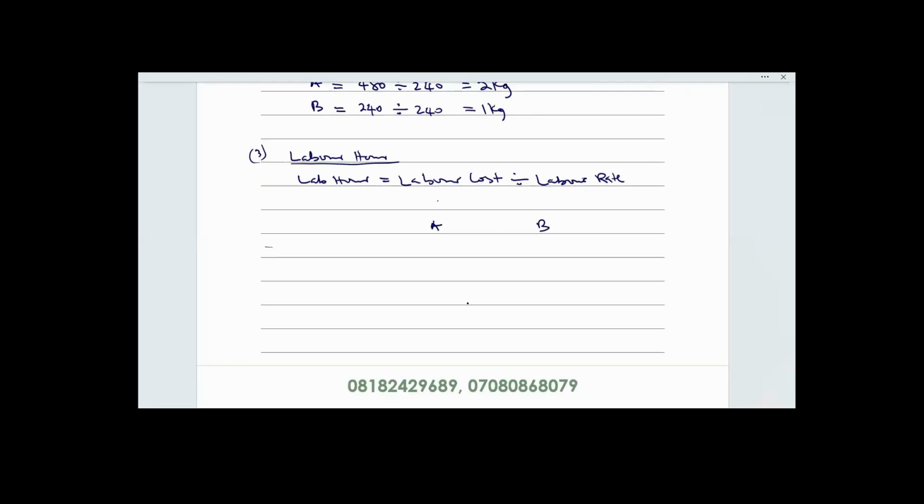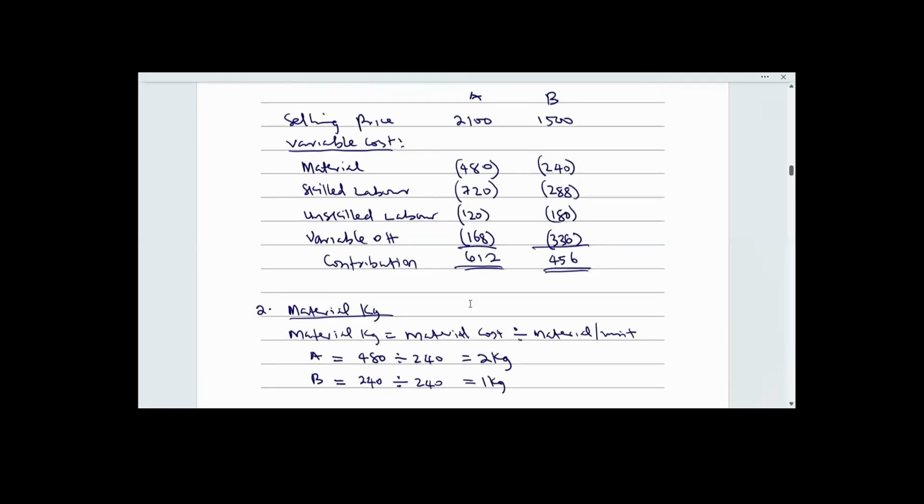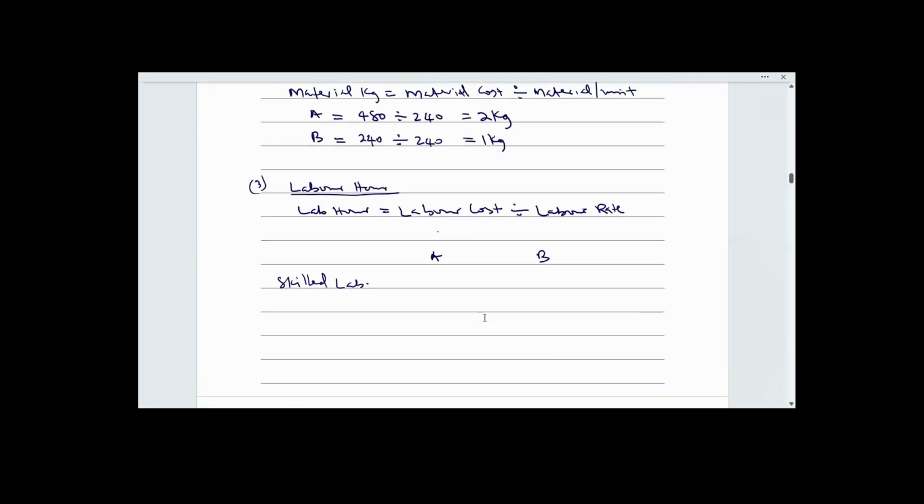First one is skilled labor. Labor cost is 720 divided by 144.